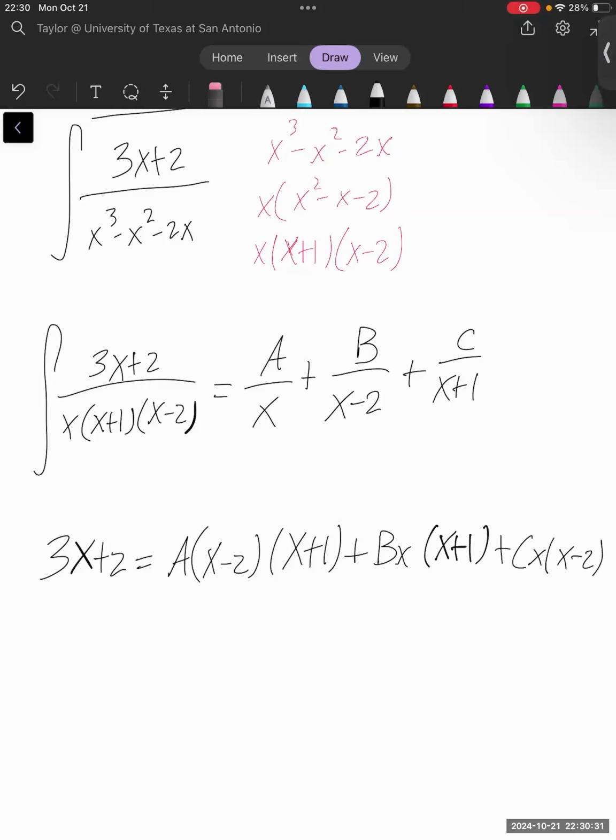The way we get there is I'm going to find a common denominator. I want my common denominator to be this expression.